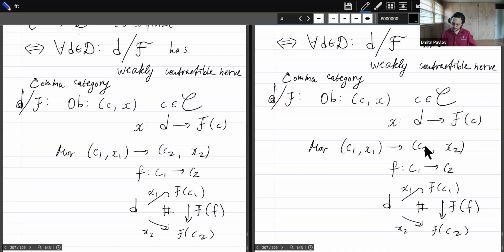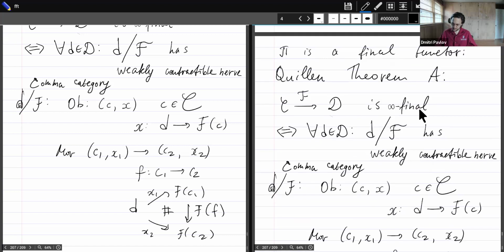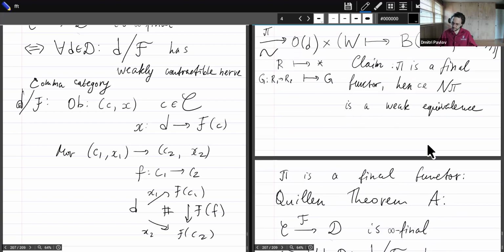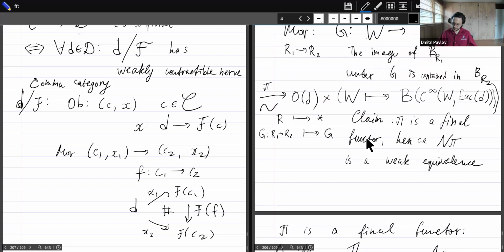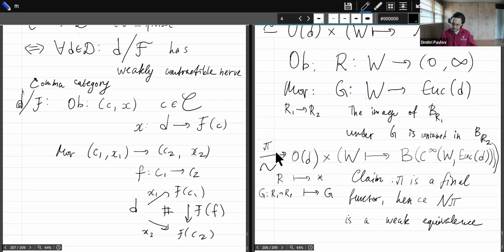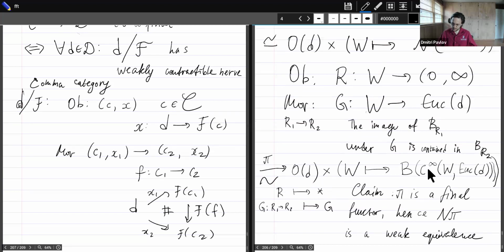Therefore, the functor pi is a final functor, or infinity final functor, actually. Therefore, its nerve is a weak equivalence. And therefore, this map here, which we also call pi, is also a weak equivalence.